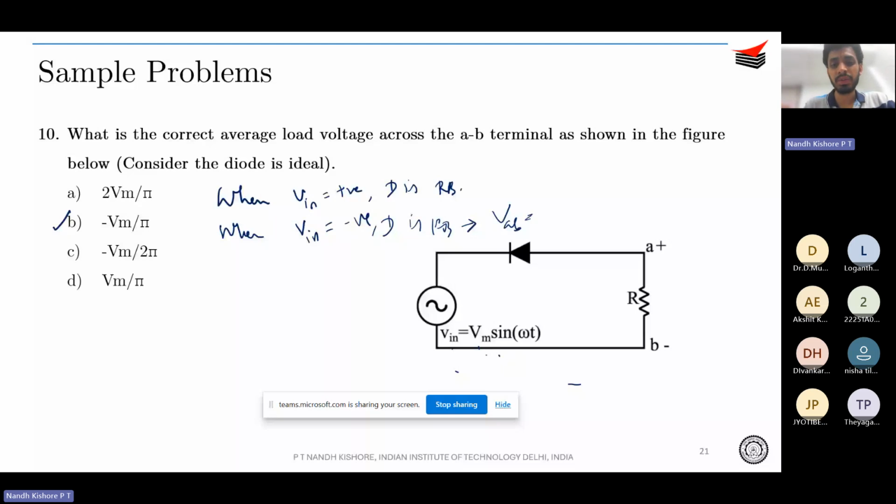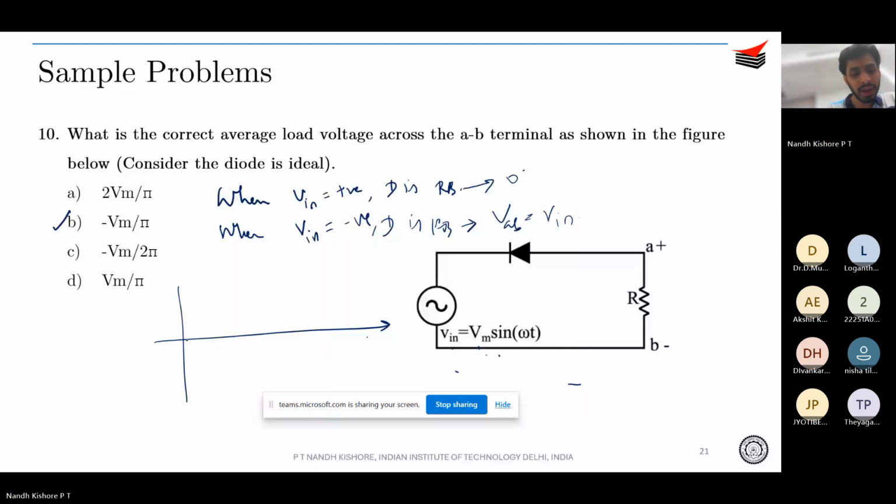And during the other time it will be equal to 0. So if you plot it, when Vin is positive, the diode is reverse biased, therefore VAB is 0. And when Vin is negative, the diode is forward biased and VAB equals Vin, right? You will get something like this.